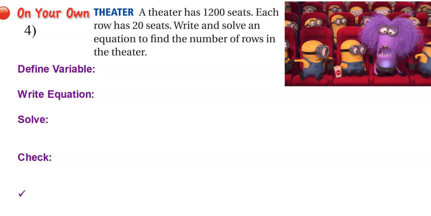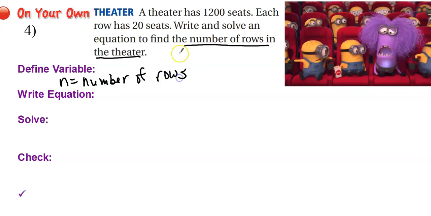So go ahead and pause it. I think I'm going to use n for the number of rows. That's what we're trying to identify. So I'll say n equals number of rows. And let's see.